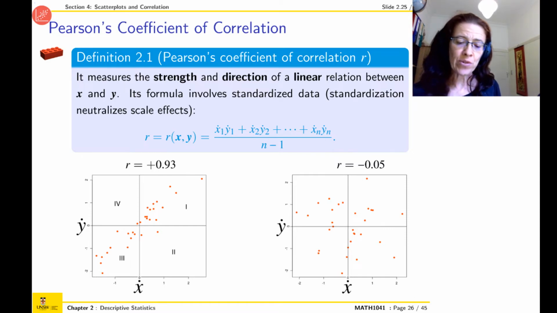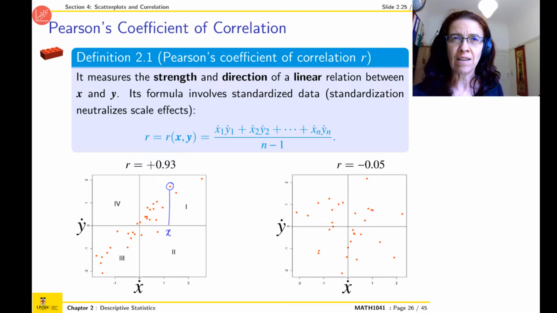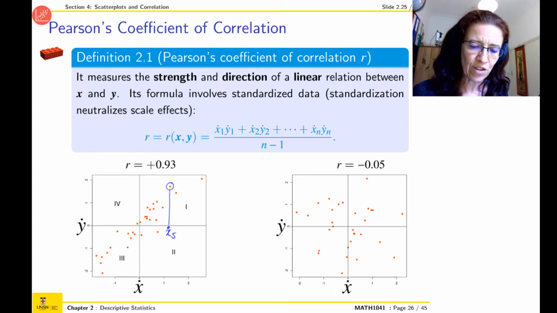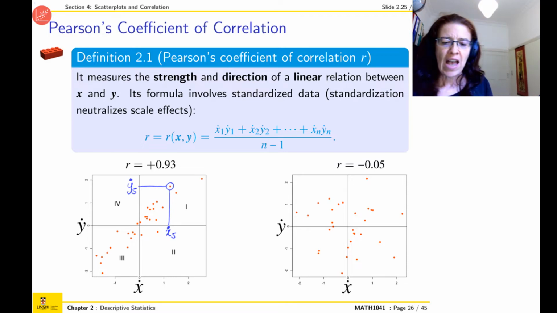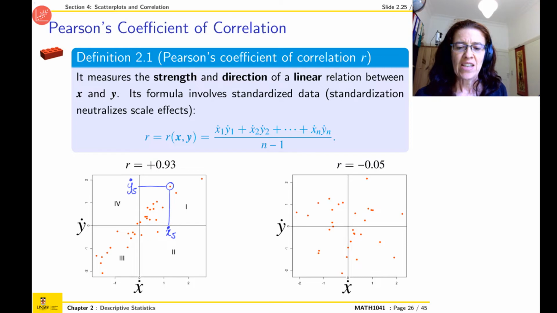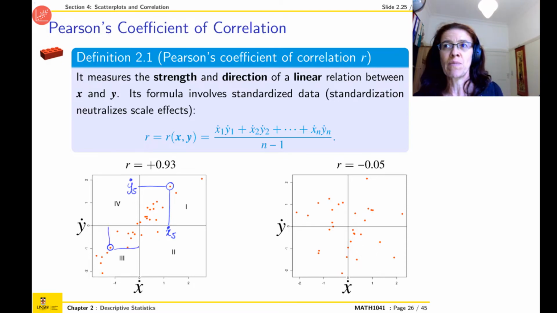If I look at this first diagram and I take, let's say, this dot, and let's say it's the fifth dot, here I get x fifth dot, and I get y fifth dot, and these two numbers are positive, right? So when I multiply them, I'm going to get something positive, and then I have a lot of dots in this quadrant where both x dot and y dot are going to be negative.